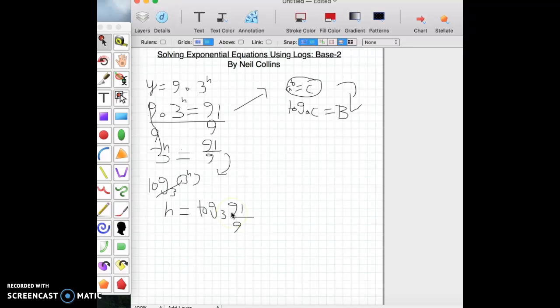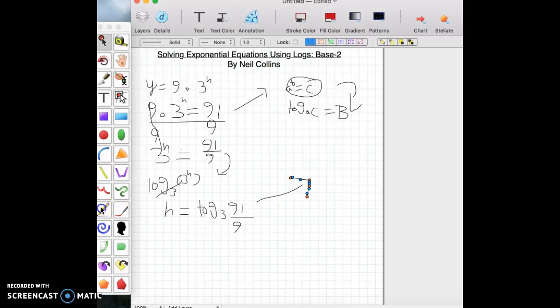Okay, so now that we have our equation in log form, we have a log to a power with a fraction as our c, and we need to find this h, this missing value right here, right? In order to do that, we are going to use the log equation in order to solve for h.